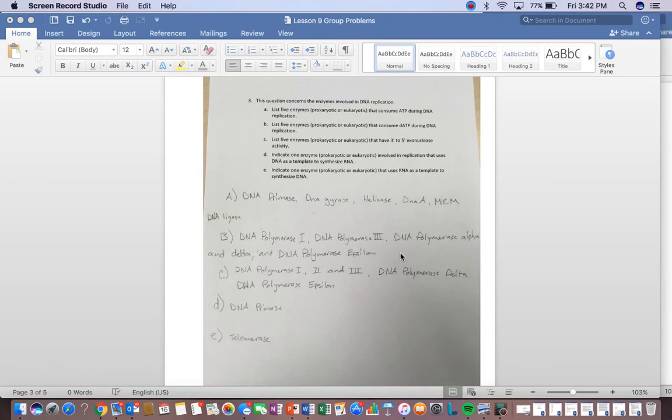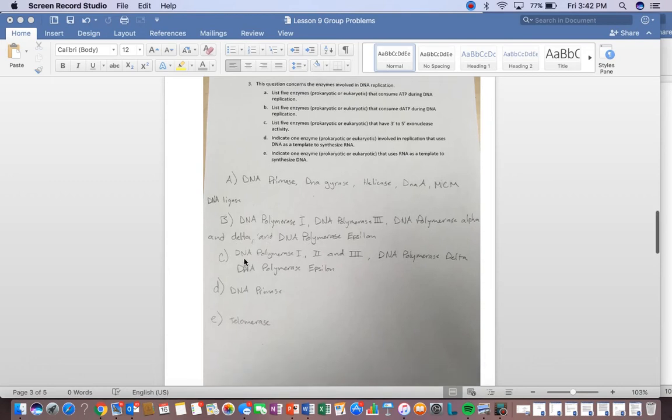For B, it asks for 5 enzymes that consume dATP, and these include DNA polymerase 1, DNA polymerase 3, DNA polymerase alpha and delta, and DNA polymerase epsilon. Part C, 5 enzymes that have 3' to 5' exonuclease activity, and those include DNA polymerase 1, 2, and 3, DNA polymerase delta, DNA polymerase epsilon.